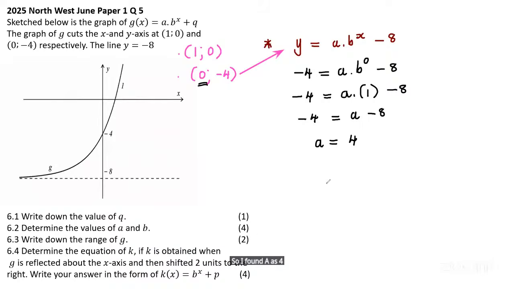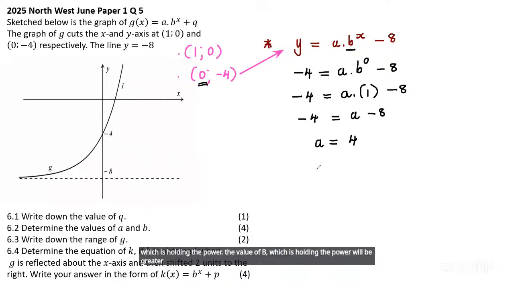Interestingly, we need to find B. Now, judging by the shape of the graph, it is exponentially increasing. It would then suggest to me that the value of B, which is holding the power, will be greater than 1.